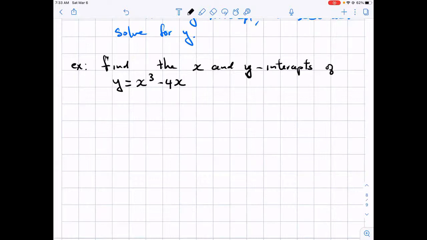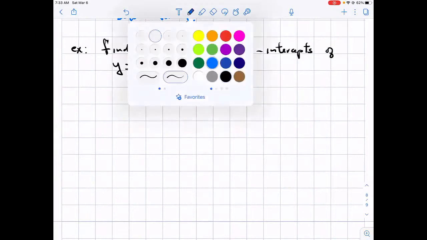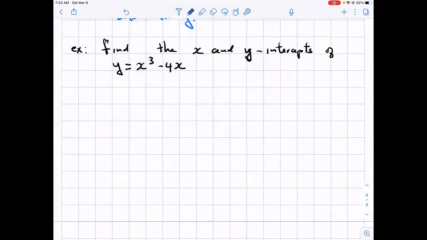Now you have to tell me which one you will find first, okay? So let's first find x-intercept.